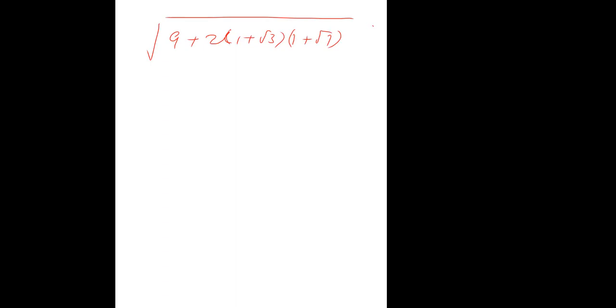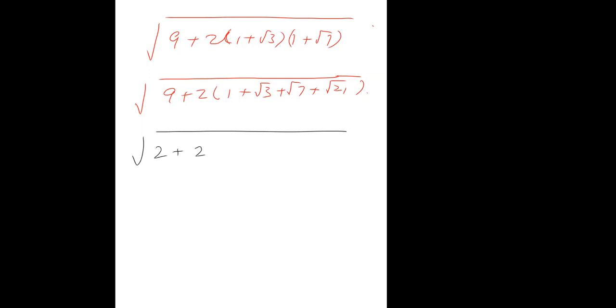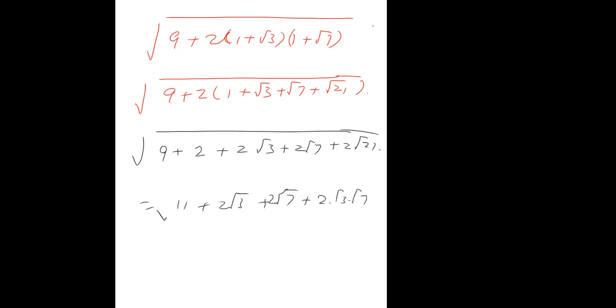So we can rewrite this as 9 plus twice of 1 plus root 3 plus root 7 plus root 21. Multiplying by 2, I'm getting 9 plus 2, 2 root 3 plus 2 root 7 plus 2 root 21. So it's 11 plus 2 root 3 plus 2 root 7 plus 2 root 3 into root 7. Right? So we can just judge this. This is nothing but this.